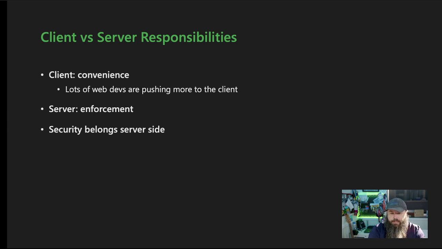That is generally where I think most of the security should live. The client is responsible for convenience for the user, UI and UX, probably some caching, display, input, all that other stuff. Most of the enforcement logic should generally live on the server side, and we'll talk about why that doesn't happen and why that causes us problems as we go through this class. This is a core tenet here.